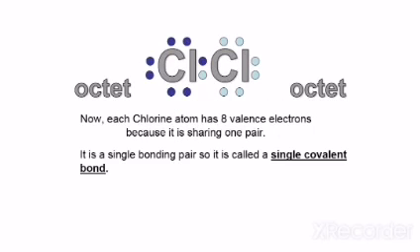So this Cl shares an electron with this Cl, so we have 1, 2, 3, 4, 5, 6, 7, 8. 1, 2, 3, 4, 5, 6, 7, 8. The octet rule is fulfilled for both atoms, so they are behaving as noble. They are sharing 1 pair of electrons, therefore we call it a single covalent bond.